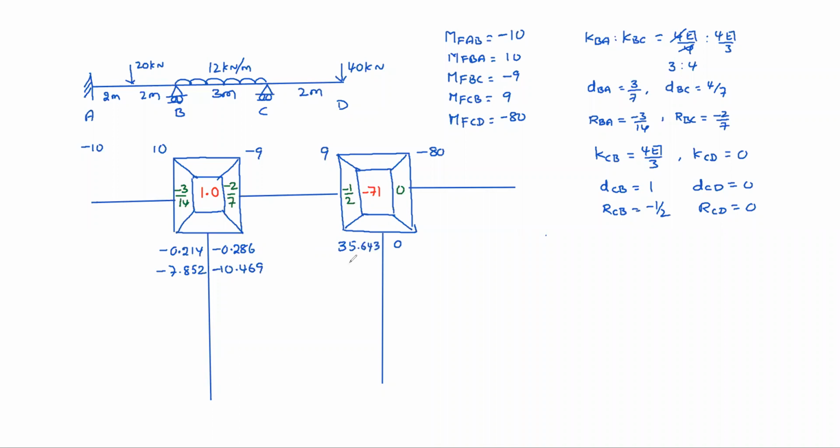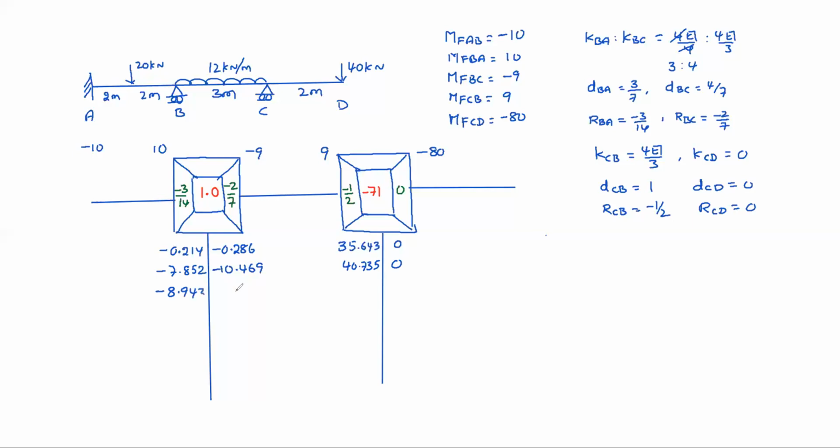Okay. Next, minus 1 by 2 into bracket open, minus 71, minus 10.469, plus 40.735. Okay, 0 here. Next, minus 3 by 14 into bracket open 1 plus 40.735, minus 8.943.